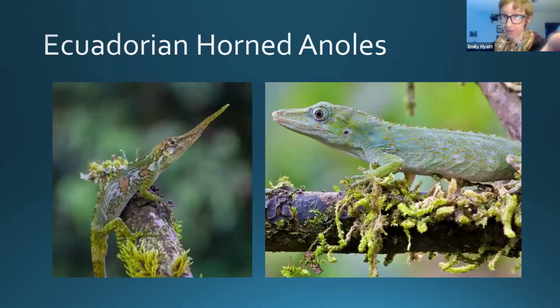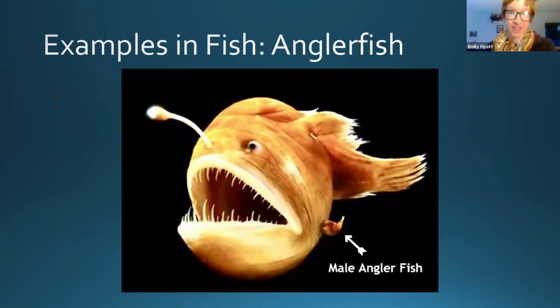These guys are interesting. Ecuadorian horned anoles. The males have that very long proboscis, that extension on its nose. And then in fish even, the male anglerfish is tiny compared to the female anglerfish.